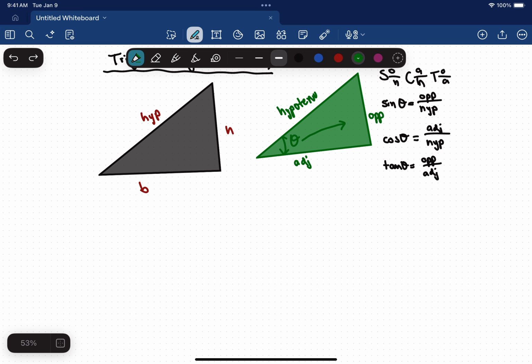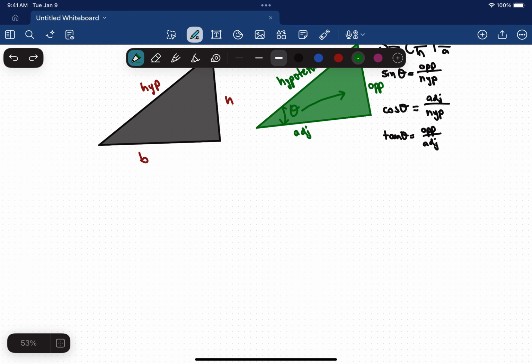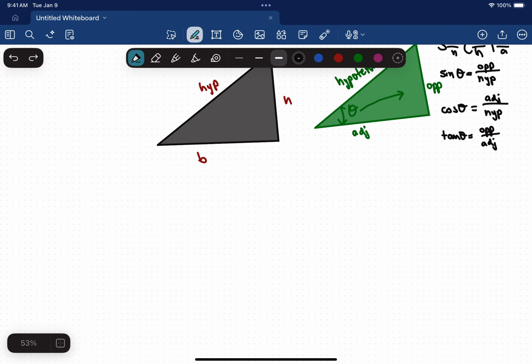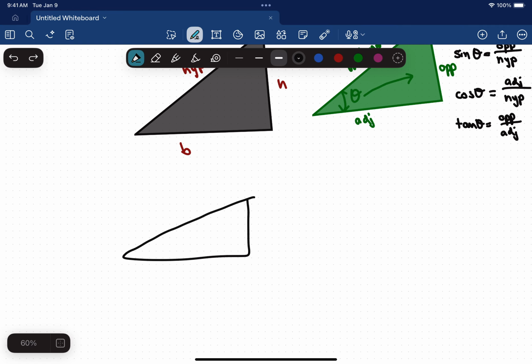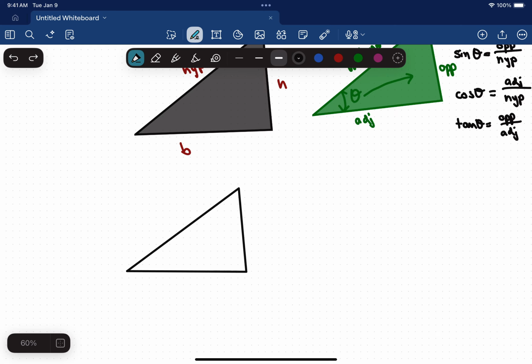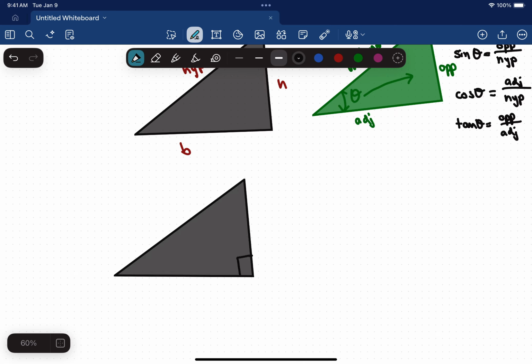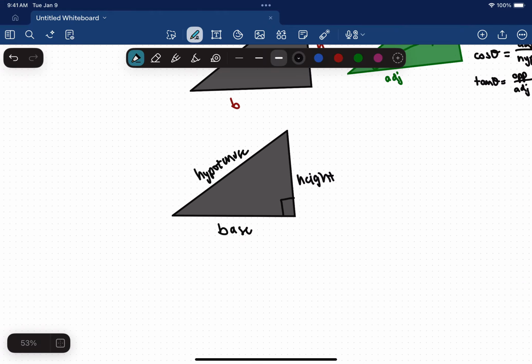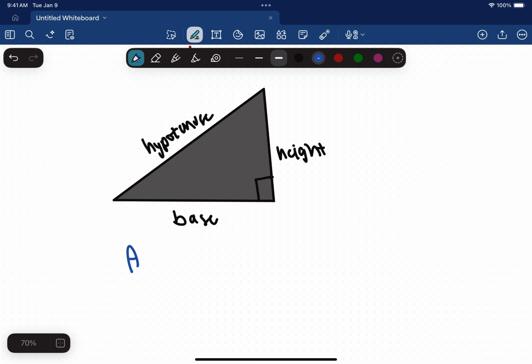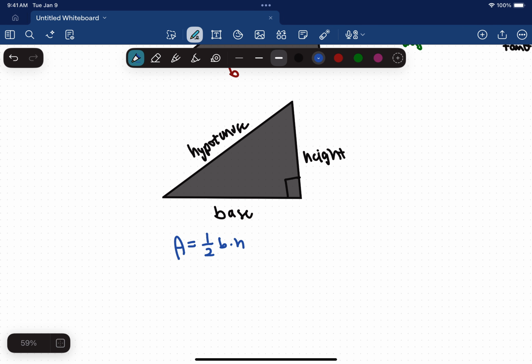So let's go over what we talked about. We know that a triangle has a base, height, and hypotenuse. And to get the area of that, it will be area equals 1/2 base times height, right?